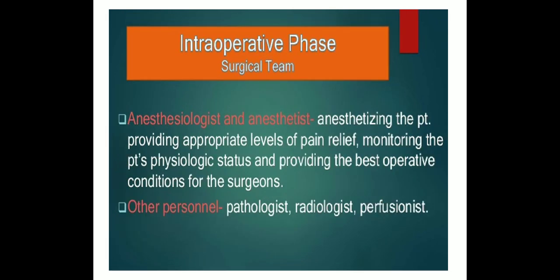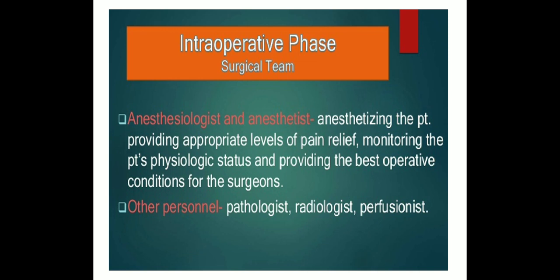Next is the anesthesiologist and anesthetist. So the anesthesiologist and anesthetist, he or she is a major part of the surgical team. Anesthetizing the patient, providing appropriate levels of pain relief, monitoring the patient's physiologic status, and providing the best operative conditions for the surgeon. The anesthesiologist and anesthetist are responsible for providing anesthesia and pain relief measures to the patient.